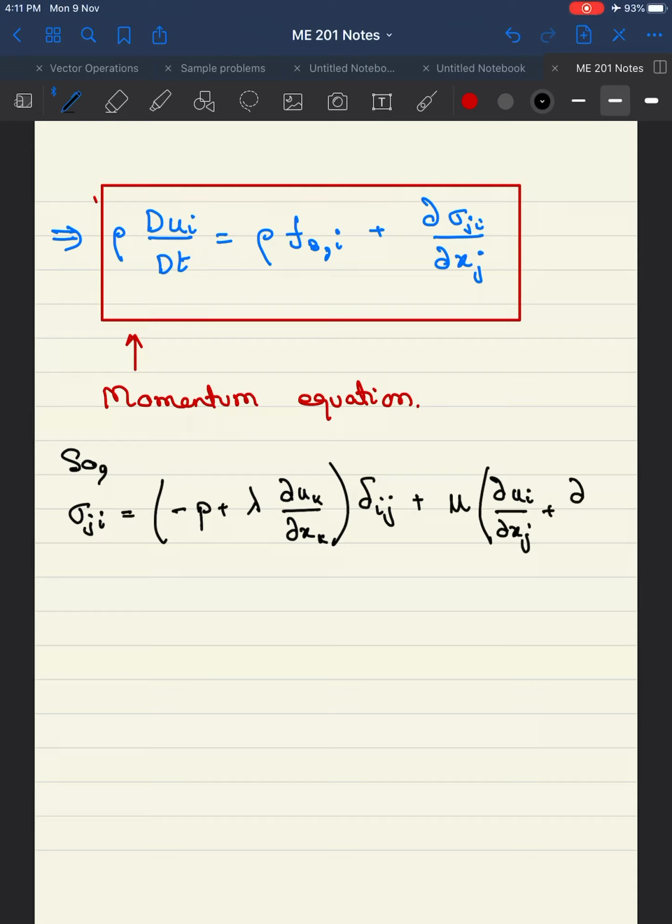This is a symmetric matrix, so it doesn't matter which one you write first, right? So let's insert this known function of sigma ji over here and see what we get. So replace sigma ji in the momentum equation.